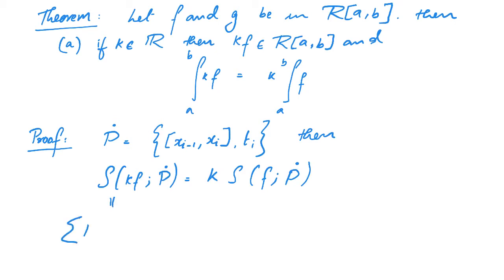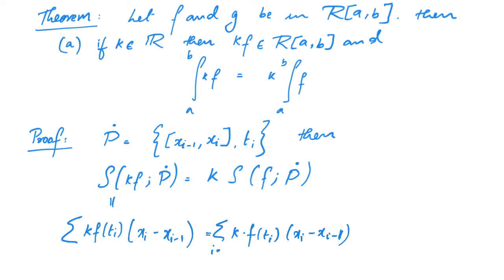It's nothing but the summation of kf at t_i times (x_i minus x_{i-1}), which is equal to k times f(t_i) times (x_i minus x_{i-1}), summed as i goes from 1 to n, and the k will then come out, so you get k times the summation, i going from 1 to n, of f(t_i) times (x_i minus x_{i-1}). So we get that these two are equal. This tells us that S(kf; P dot) is equal to k times S(f; P dot).